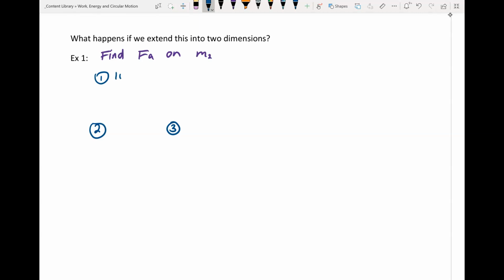Mass 1 is going to be 10 kilograms. The distance between mass 1 and mass 2 is 3 meters. Mass 2 is 15 kilograms. The distance between mass 2 and mass 3 is 4 meters. And lastly, the mass for the third object is going to be 20 kilograms.